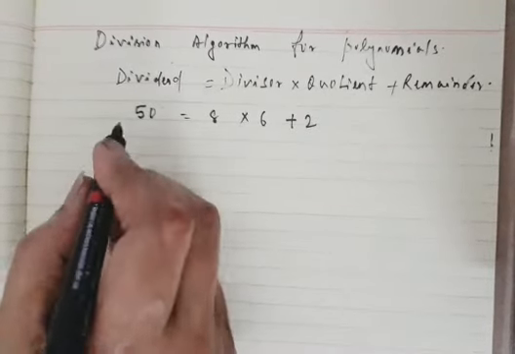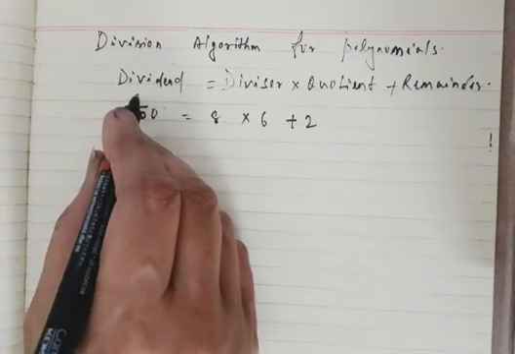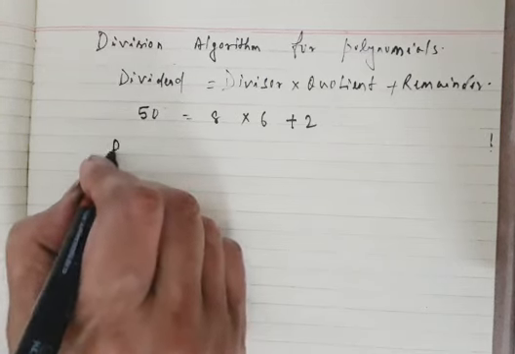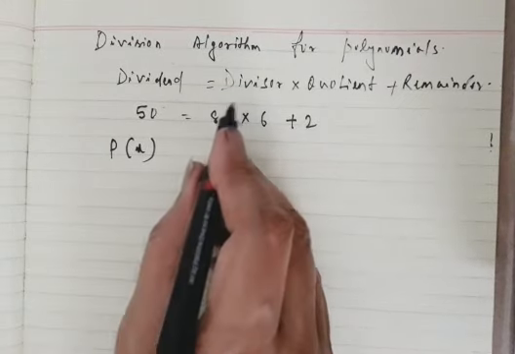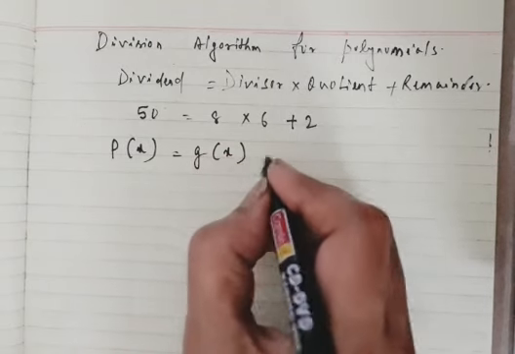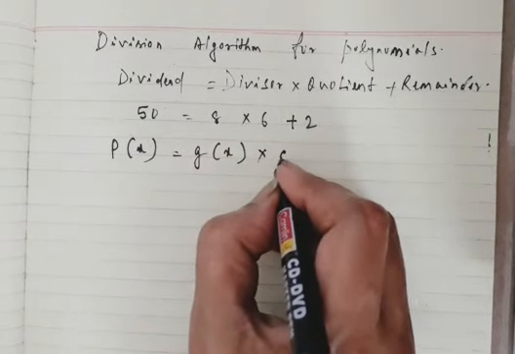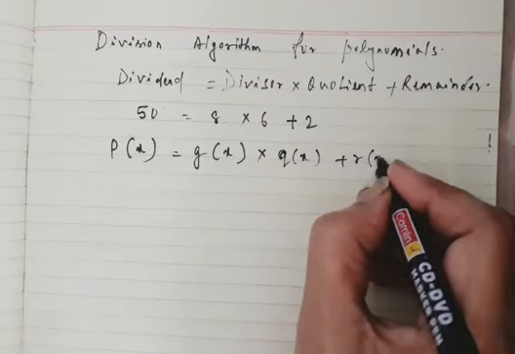So suppose I am taking, and again you see, we always use the notation p(x) for the dividend, g(x) for the divisor, q(x) for the quotient and r(x) for the remainder.